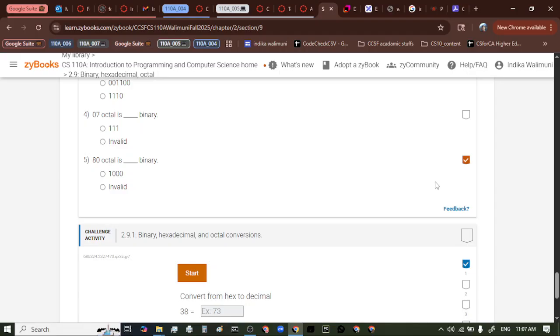This is the 0 portion, this is the 1 portion. Basically, divide it: 2 times 16 to the power 1 plus 6 times 16 to the power 0. So this should be the answer.